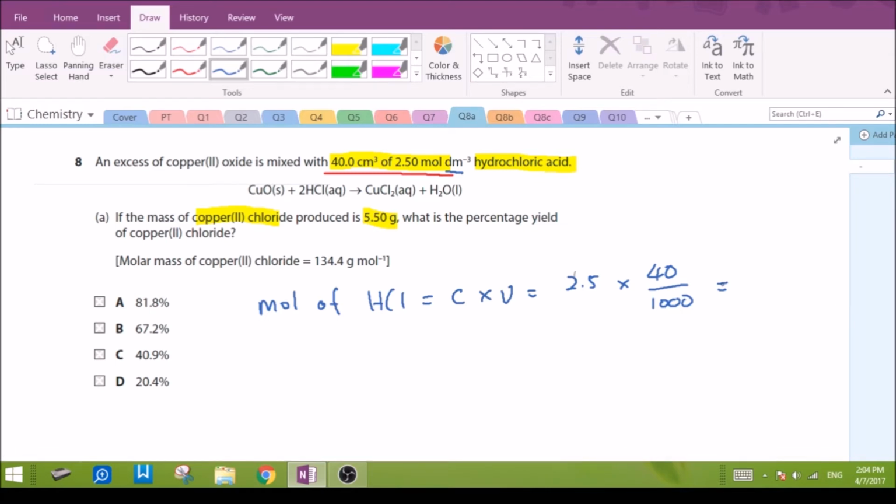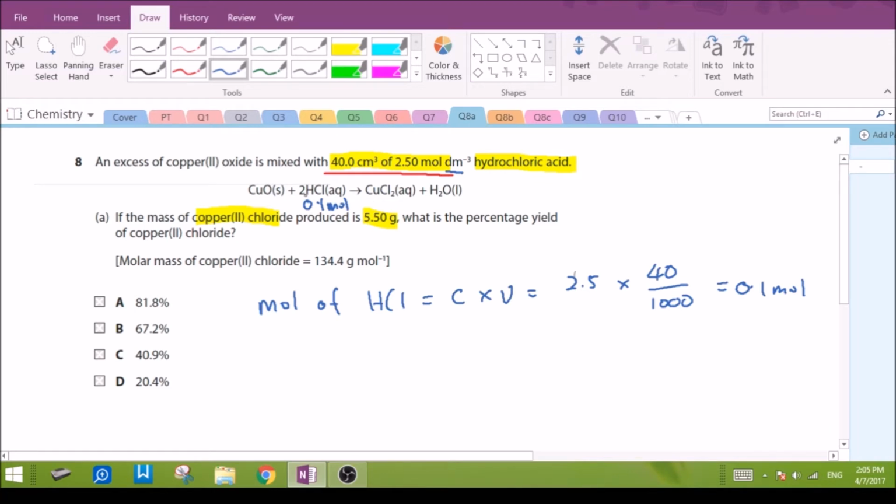We have added 0.1 moles of hydrochloric acid in the reaction. So let's indicate here, 0.1 mole. If we have 0.1 mole, let's find out the expected amount.